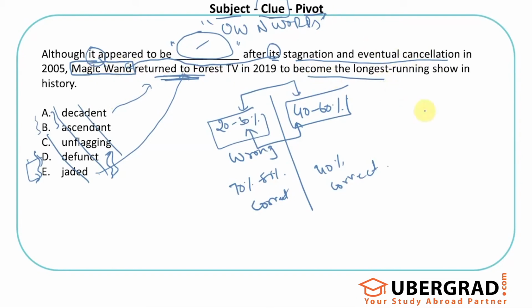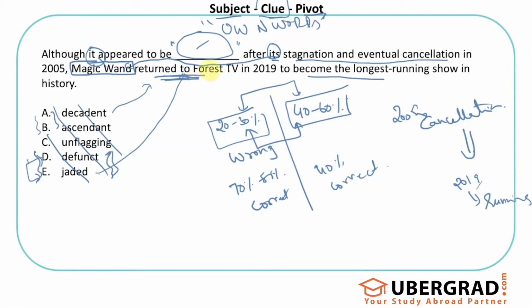It's all talking about its cancellation. But after that, in 2005 it was cancelled, and in 2019 it came back to become the longest running show in history. It started to air again in 2019.